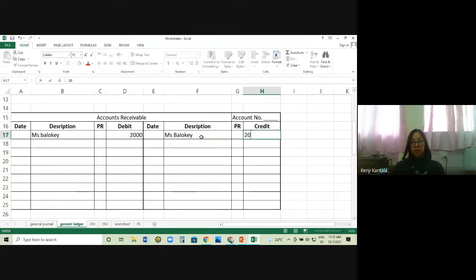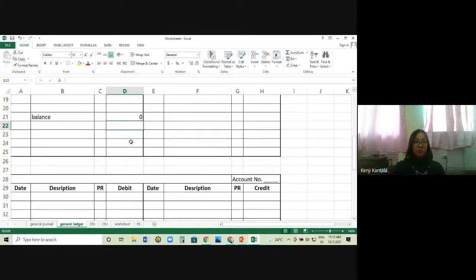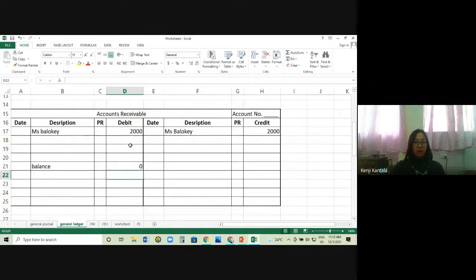Credit at 2,000 pesos. Total niyan is 2,000. Ang balance natin is 0. Okay? So, for our accounts receivable, closed na siya kasi 0 yung balance. Hindi yan magre-reflect sa ating balance sheet.